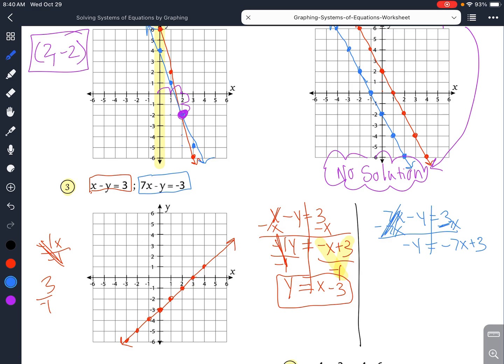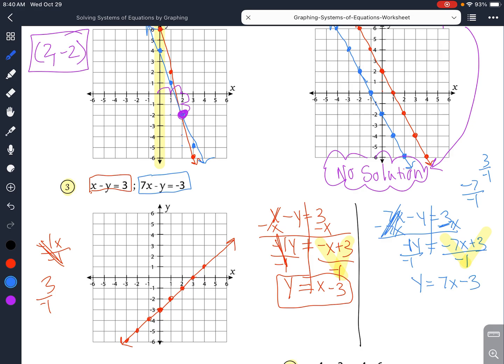Again here, there's a -1 in front of it, so we're just going to divide by -1. And what that does is we look at these individually. So if I do -7 divided by -1, that gives me a positive 7x, and if I do 3 divided by -1, that gives me a -3.